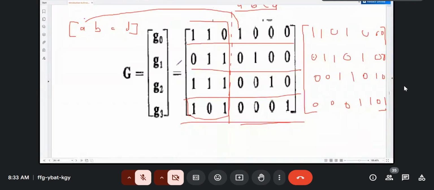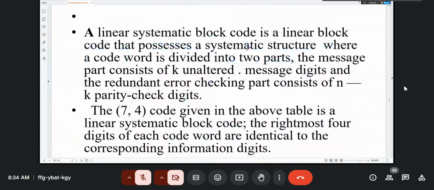Because this is K, and this is K, and this must be N. So this is going to be N minus K. So to make your K by N generator matrix, you concatenate your K by N minus K pattern with a K by K identity matrix, or what you call an identity matrix of order K. So that's how you create this. So in our case, that's what we have.